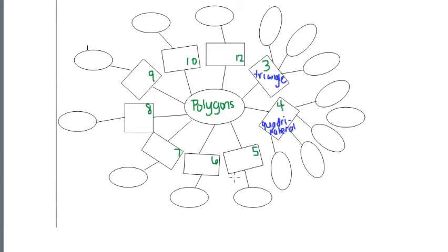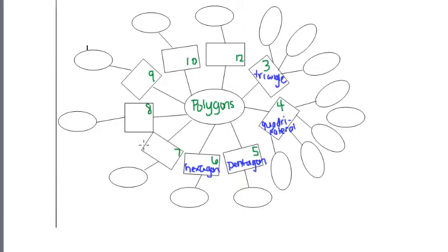Five-sided is a pentagon. Six-sided, this is how I remember this: six and hex, they both have that X sound. So hexagon.